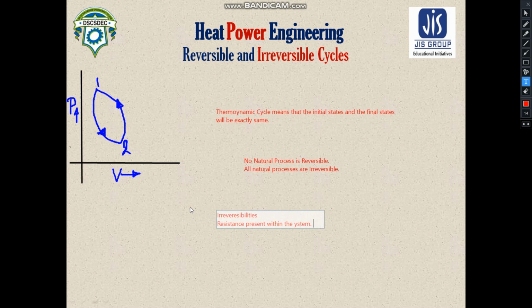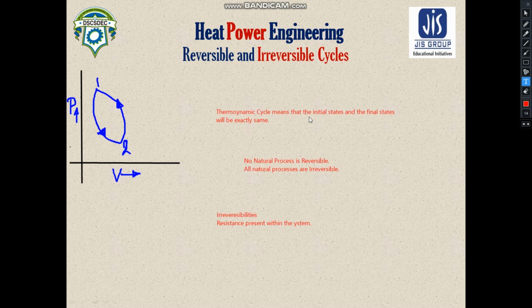Now you know the viscosity that exists when the fluid is flowing. Because of fluid viscosity, the fluid, after moving with a certain velocity, gets to a static position. Its velocity gets reduced. So there are some internal resistances always present within the system.